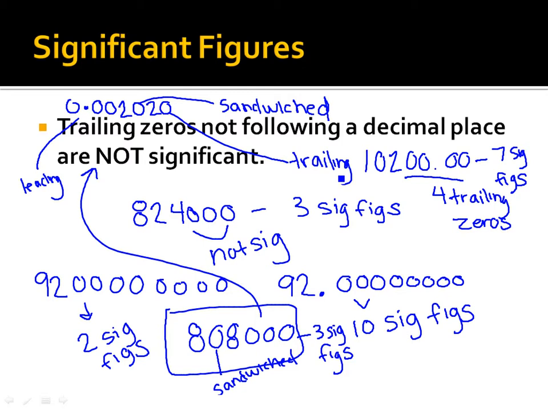We know that zeros that come before any non-zero digits are not significant, so these 3 zeros here will not be significant. We know that our sandwich 0, the 0 between the 2 non-zero digits, they're both 2s, is significant. And then we know that our trailing 0 follows a decimal place, therefore it is significant as well. So we would have 1, 2, 3, 4. We have 4 significant figures.